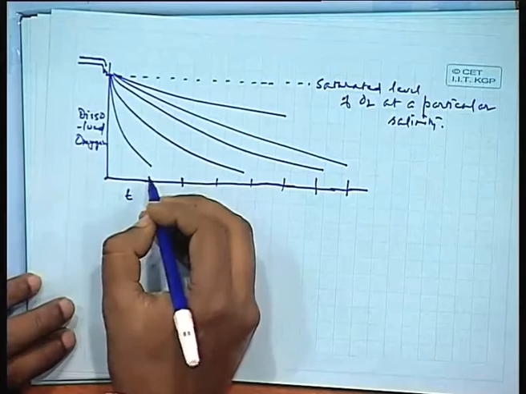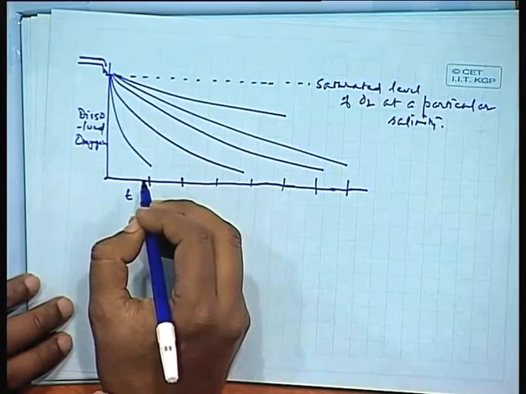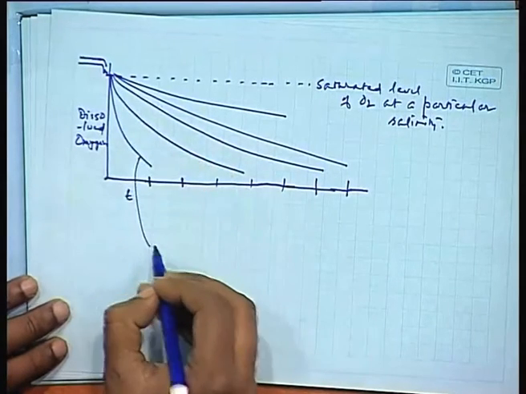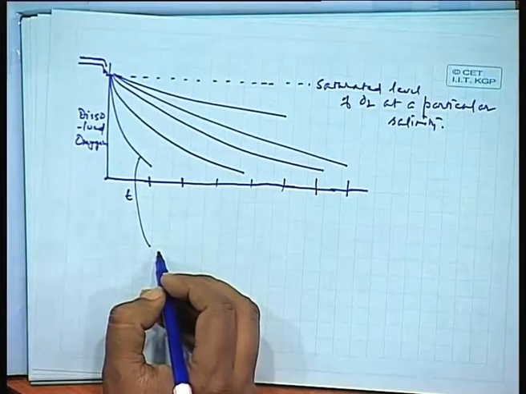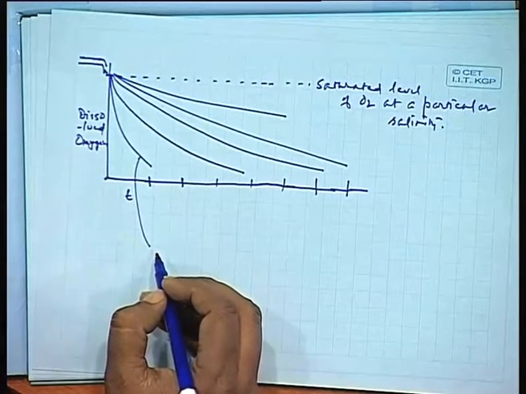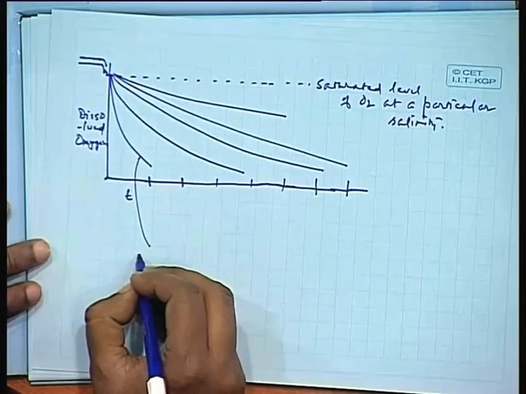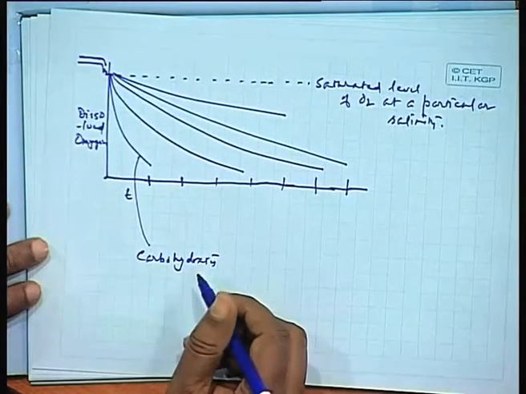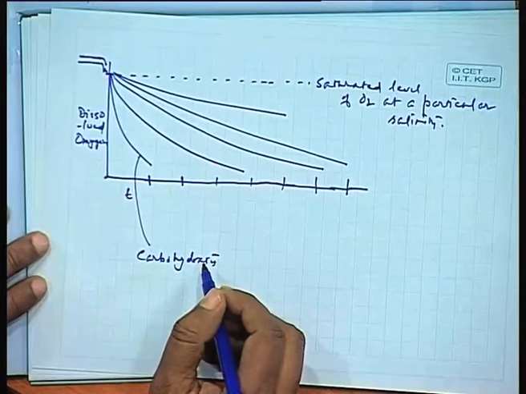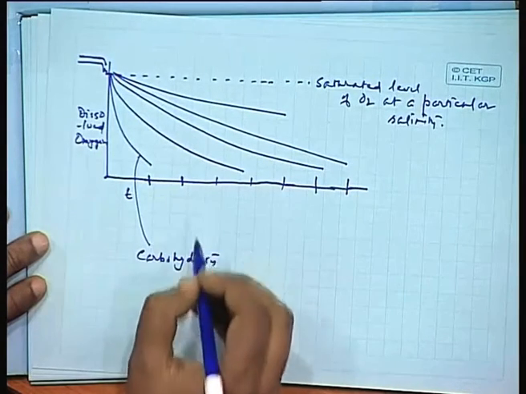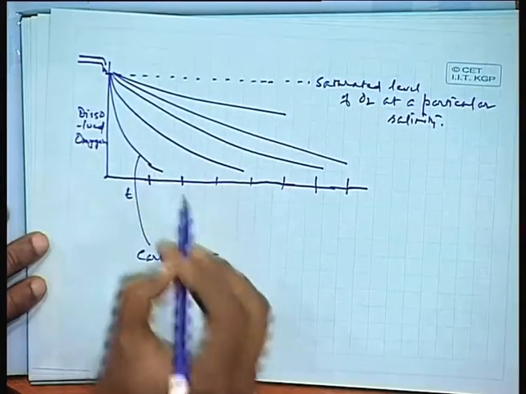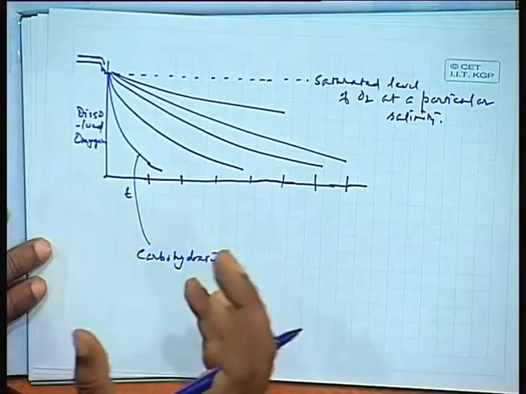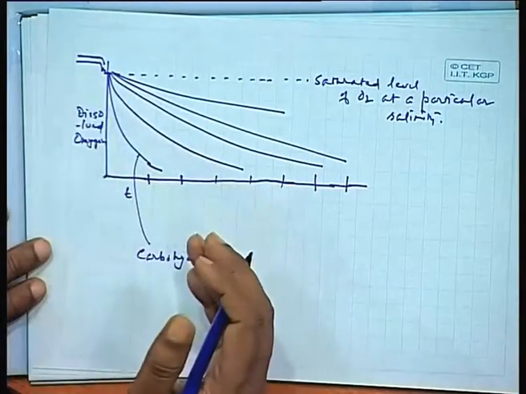Some of the substances here, mostly carbohydrates, should be forming this kind of plot. This is just notional. Don't always try to say that special kinds of carbohydrates may follow a different curve.